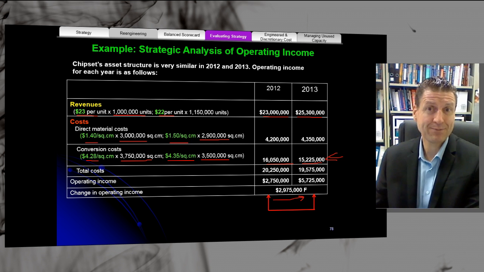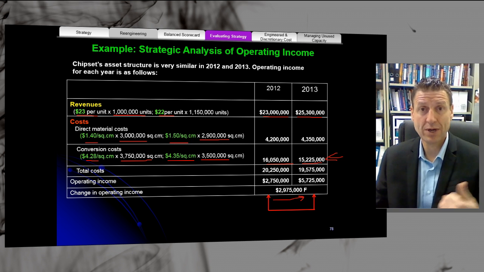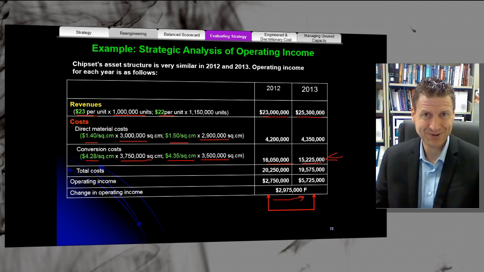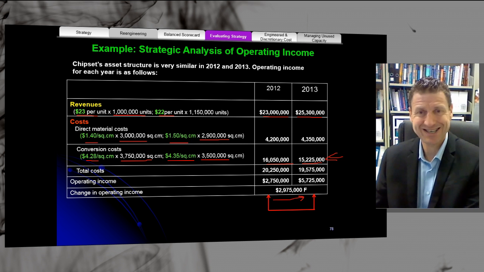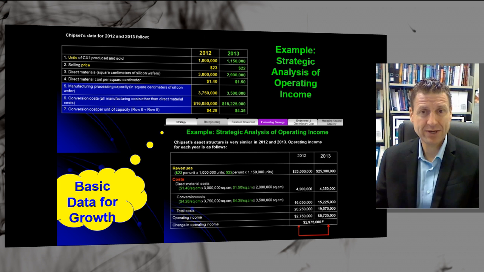So now we want to break down all of these numbers into a price recovery component, a growth component, and a cost component, because then we can be more focused on whether these numbers, what we've seen here, are supporting a cost leadership strategy or a differentiation strategy. Okay, here is the basic data for growth.